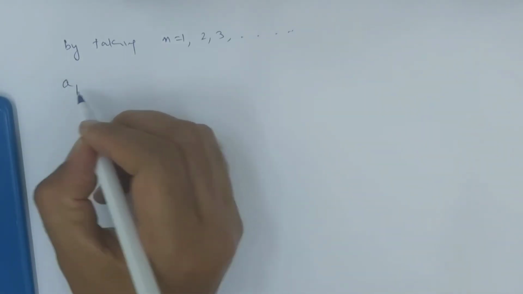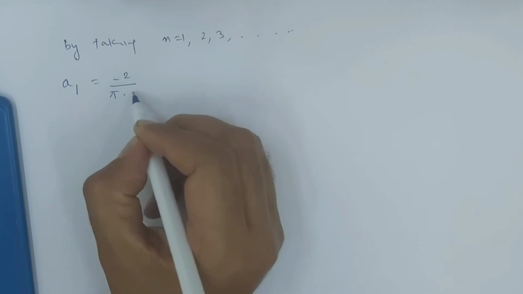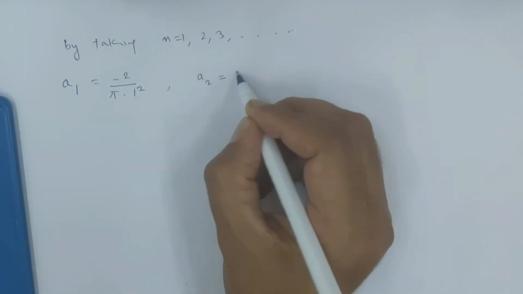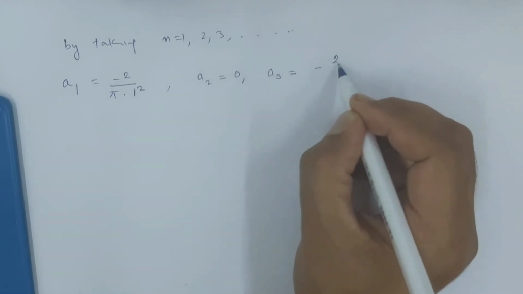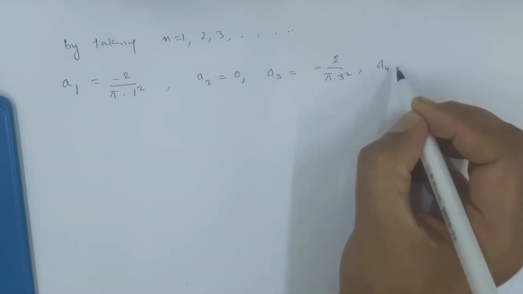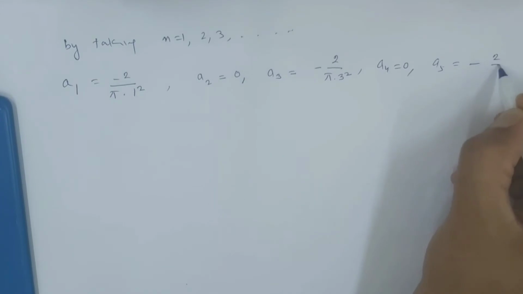So we find a1 equals minus 2 upon pi into 1 square, a2 equal to 0, a3 equal to minus 2 upon pi into 3 square, a4 equals to 0, a5 equals to minus 2 upon pi into 5 square, up to so on, etc.